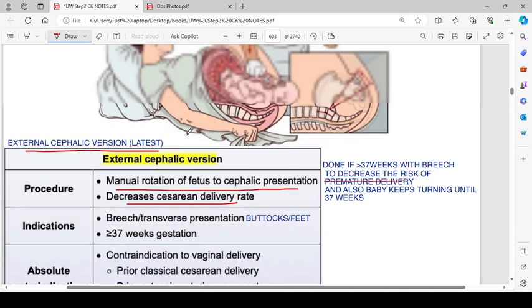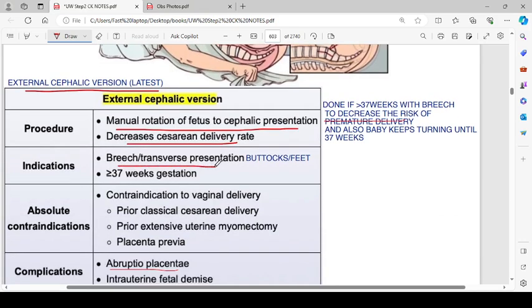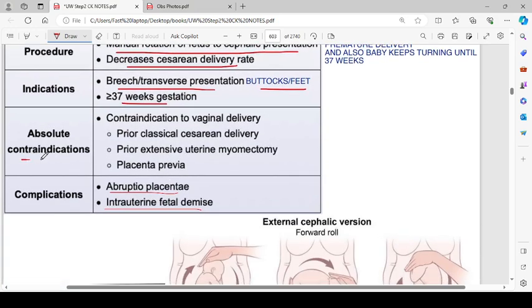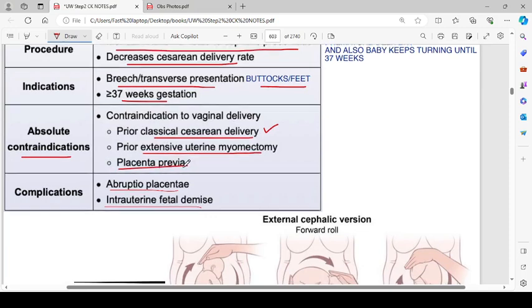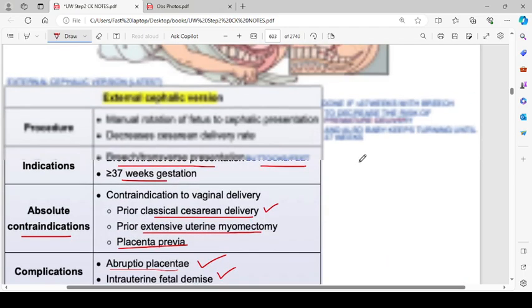Manual rotation to cephalic presentation decreases cesarean delivery rate. Indications are breech or transverse presentation at more than 37 weeks of gestation. Absolute contraindications to vaginal delivery are prior classical cesarean delivery, prior extensive uterine myomectomy, and placenta previa. Complications include abruptio placentae and intrauterine fetal demise.